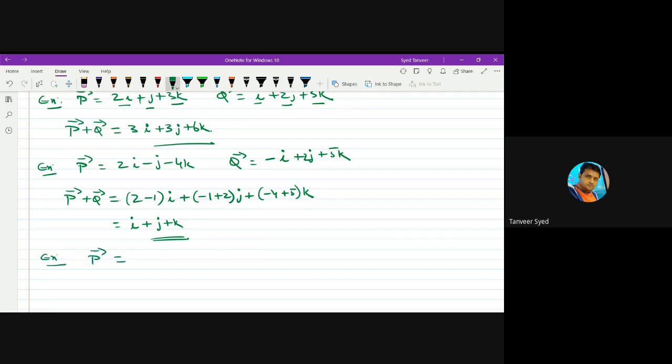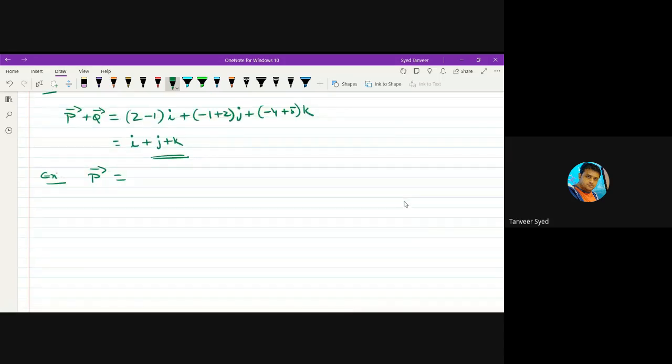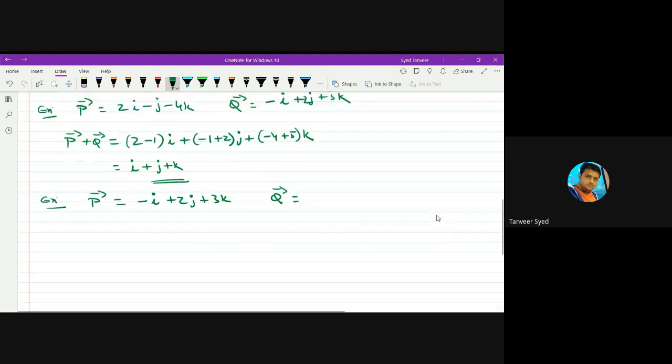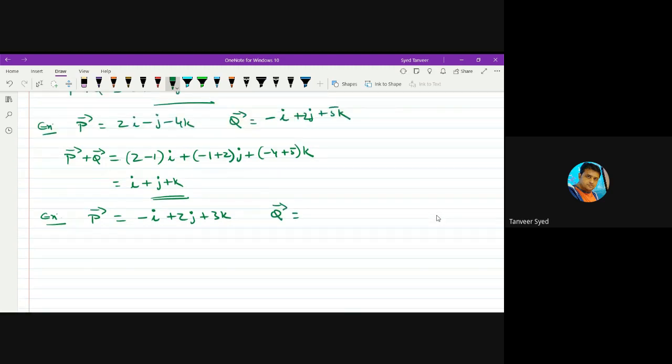Vector p is minus i plus 2j plus 3k. Vector q is 2i minus 2j plus 2k.